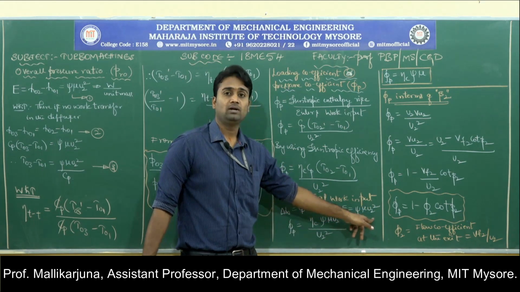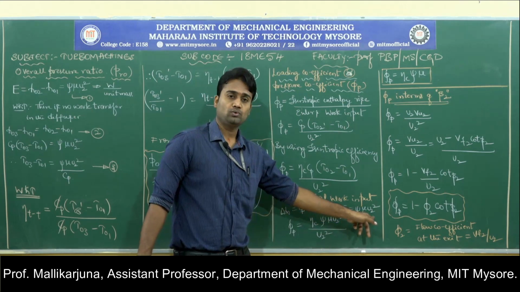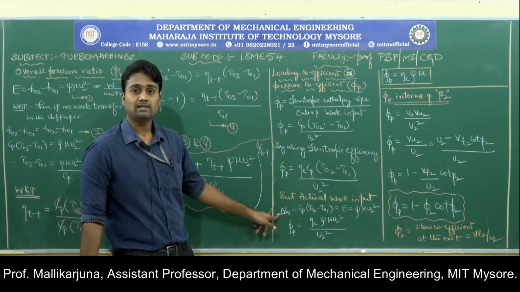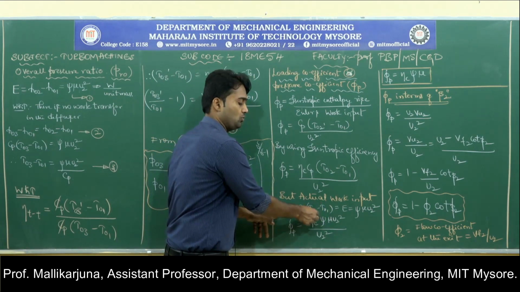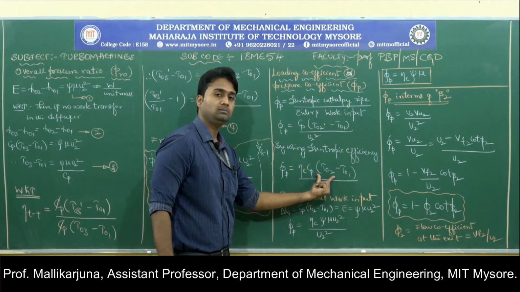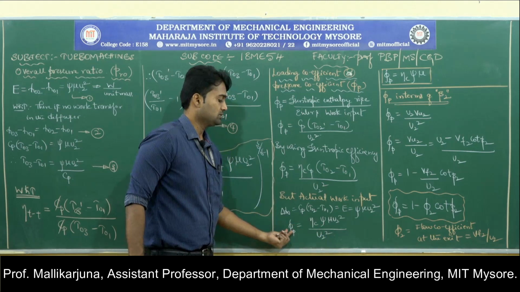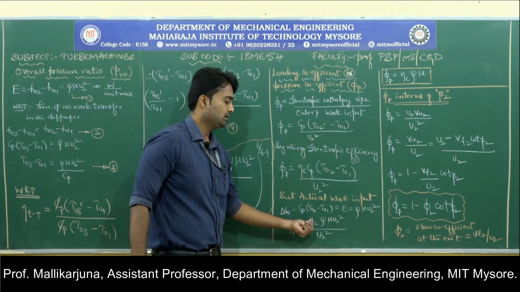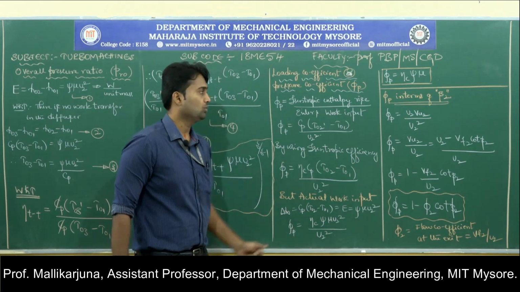This equation we have calculated in the previous session. Xi mu U2 square is also considered as delta H naught. Now this Cp T02 minus T01 can be replaced by xi mu U2 square. Therefore phi p becomes compressor efficiency times xi mu U2 square divided by U2 square.